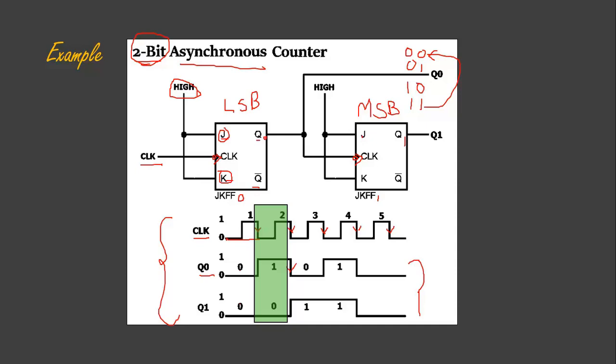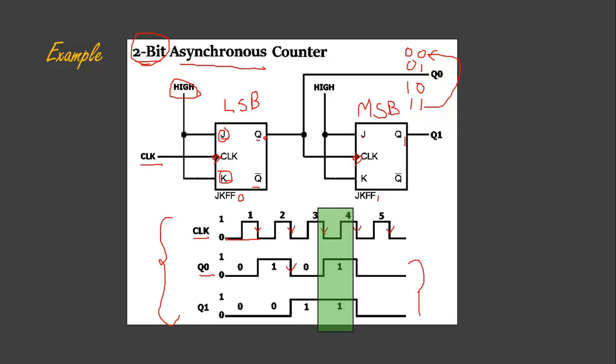And 0, 1 indicates 1. It means 1 clock has passed. After the second clock, it's showing the status 1, 0. 1, 0 indicates 2. It means it counted that 2 clocks have passed through the first flip-flop clock here. After the third clock, it starts displaying the value 1, 1. So this 1, 1 displays 3.